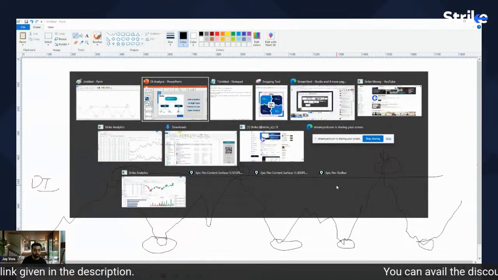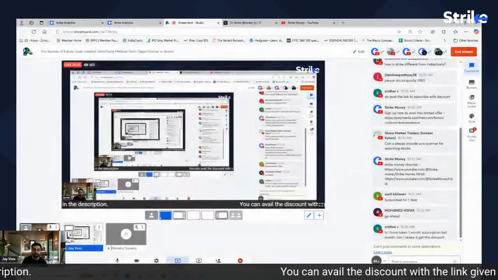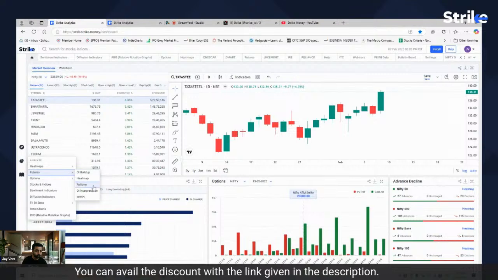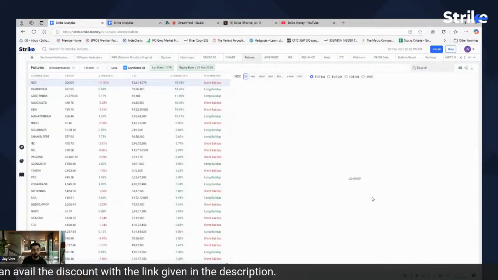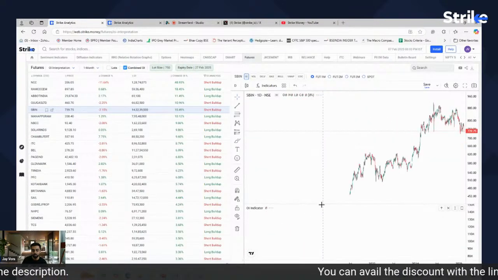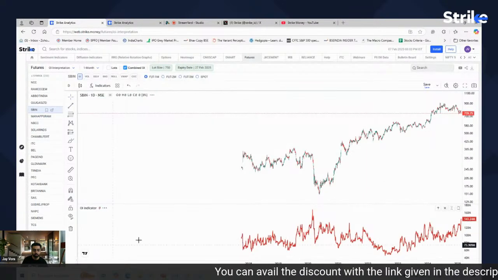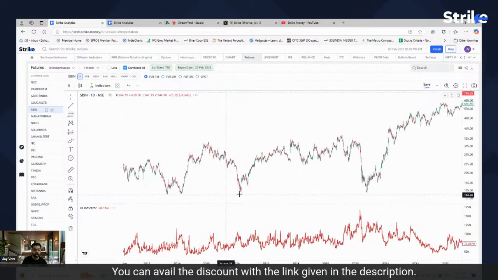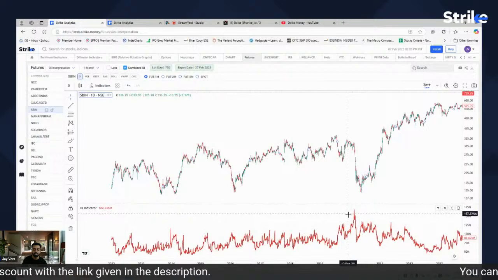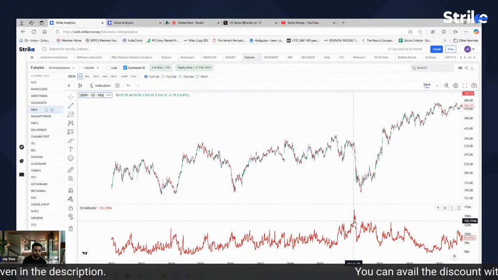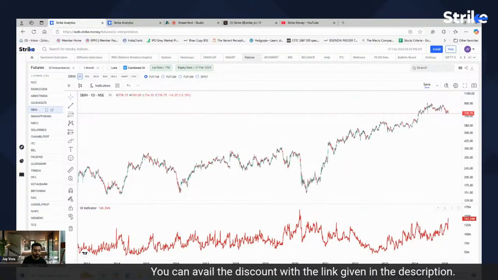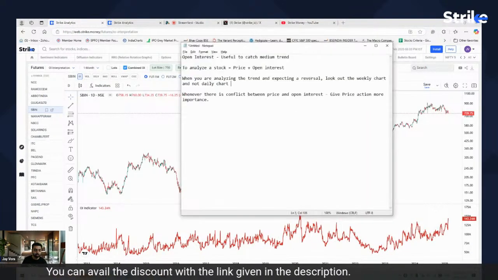The good part is that in Strike, if you see over here, we actually have historical data of almost 12 years now, starting from 2012. So you have this entire data from 2012, and you will briefly understand which are the points where we are coming to an extreme, and which are the points where we are at the lowest open interest. Okay, so you will be able to understand this.